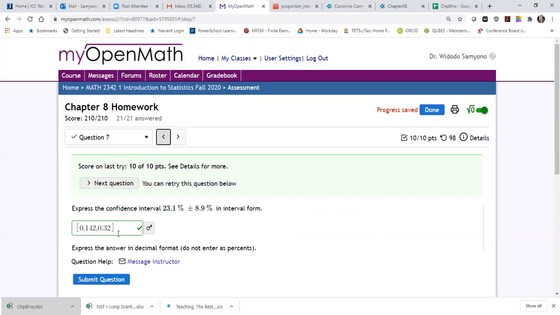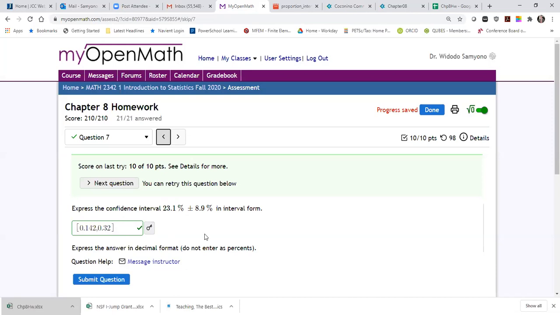I'm doing it like that and it's saying it's wrong. Okay. What do you have here? On the left side, you subtract. You need to change this to decimal number first, right? I did. And then you need to also change this to a decimal number. So you subtract these two, you got the one on the left side. And as you add these two, you got the one on the right side.